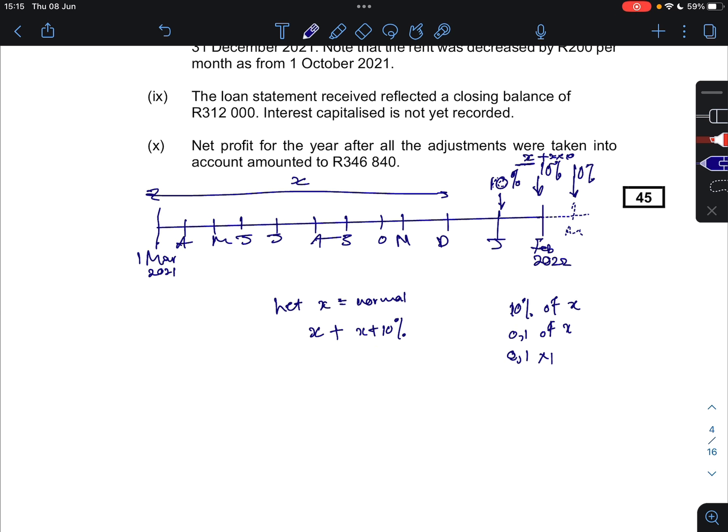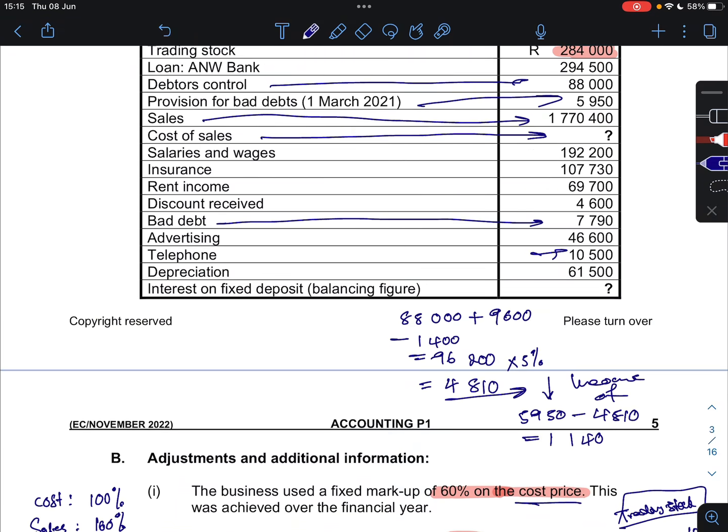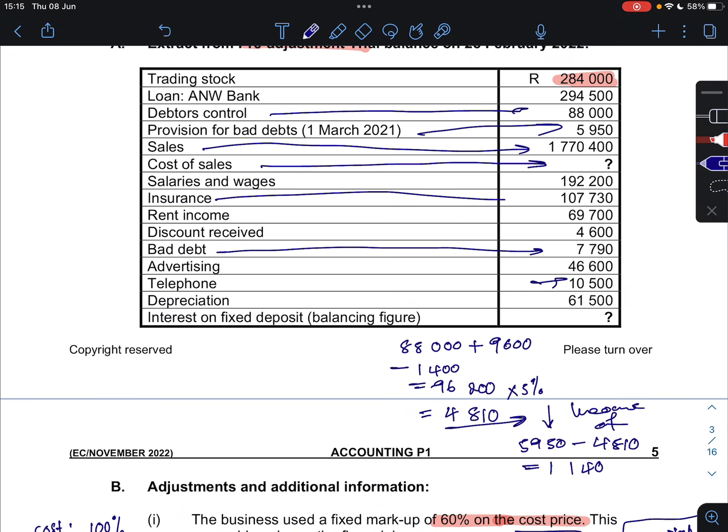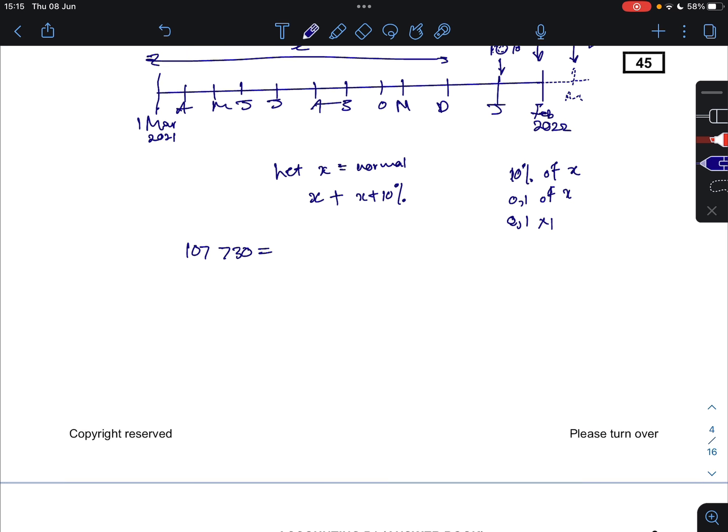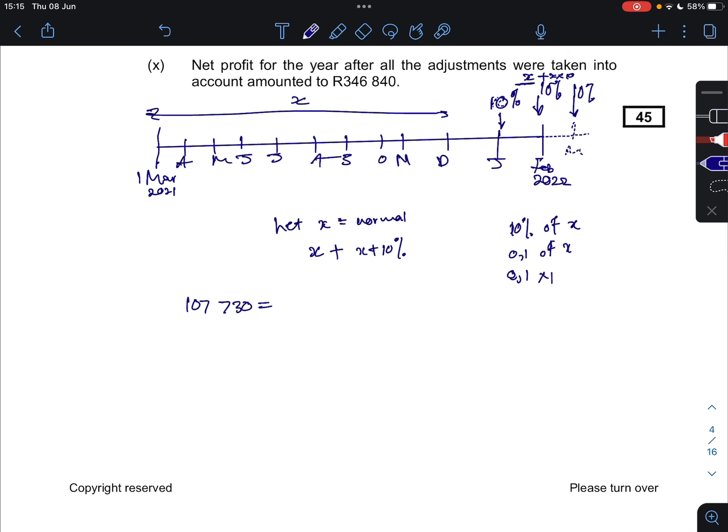All right, so now we are going to do the calculation. I have insurance, it's 107,730. 107,730 is equal to how many times did we pay where there wasn't any increment. We paid for 1, 2, 3, 4, 5, 6, 7, 8, 9, 10 months. Is it 10? 1, 2, 3, 4, 5, 6, 7, 8, 9, 10. Okay, it's 10X. Let's see if that will be correct.